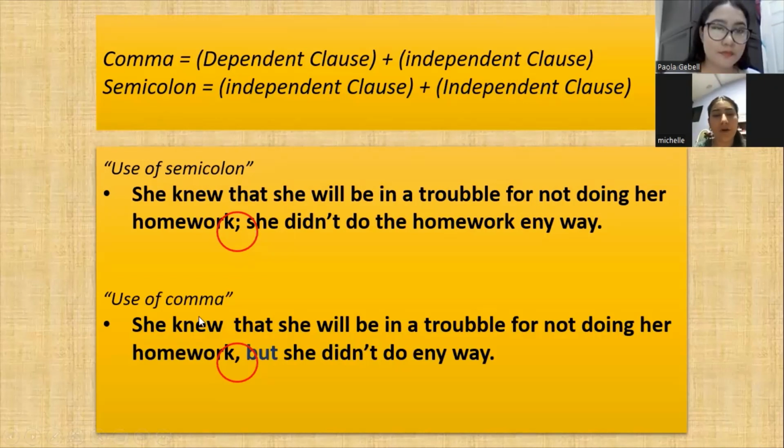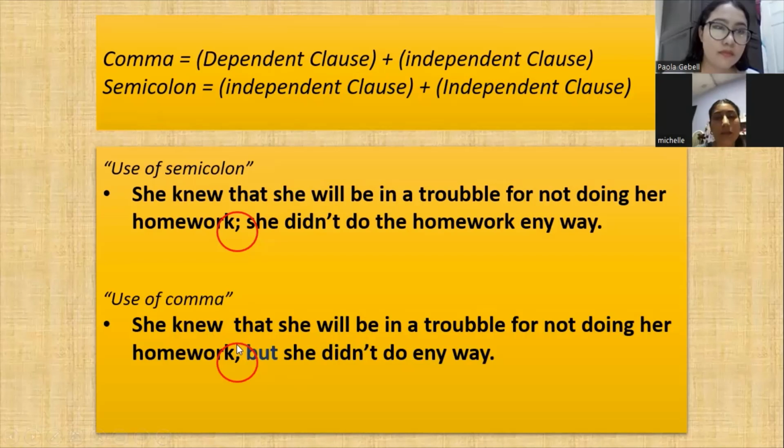Okay, use of comma. She knew that she will be in trouble for not doing her homework, comma, but she didn't do it anyway. Okay, do you have an idea why we have the same sentence here and why we are using here a semicolon and here a comma?